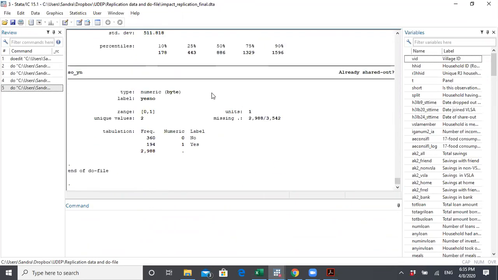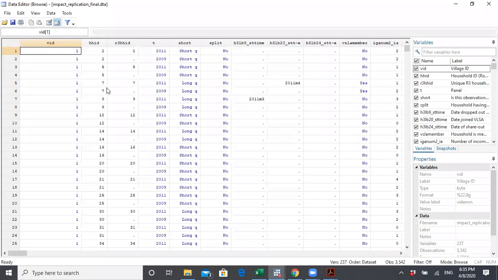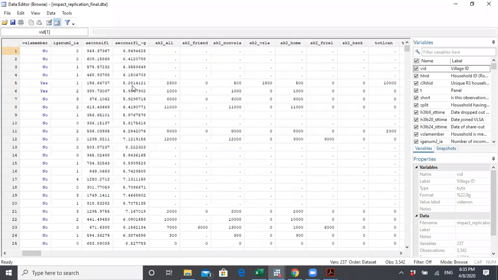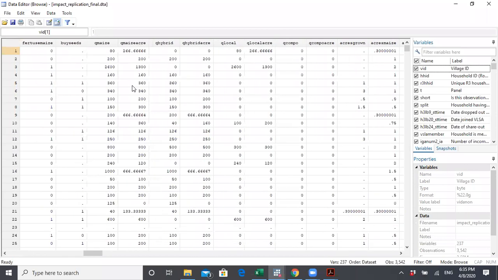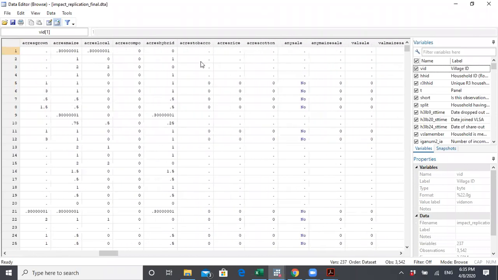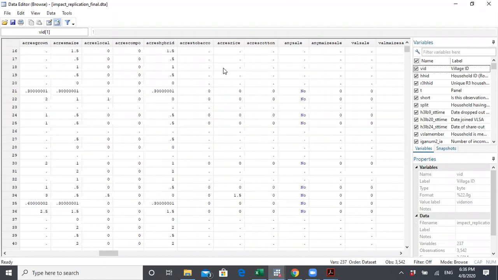And then also just browse. So for browse, I can click here for data editor. This shows me all of my data and all of the values. As I'm looking through it, one nice thing is that you can see all of the missing data is as dots. It's just a missing value.